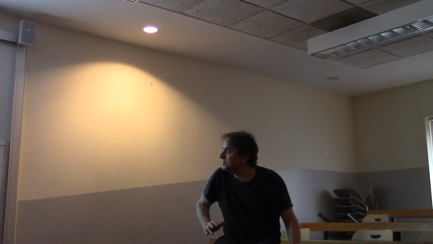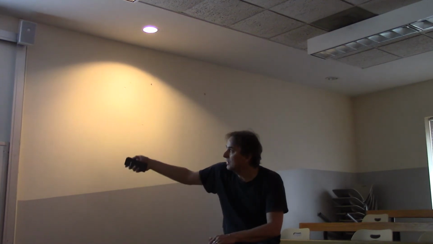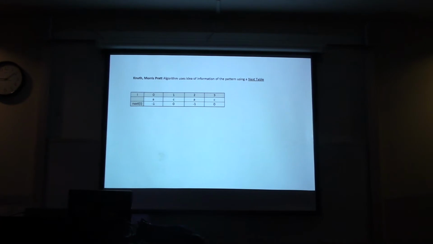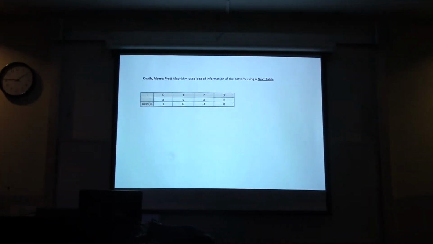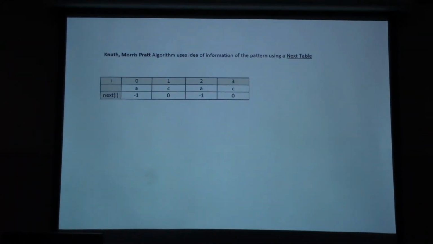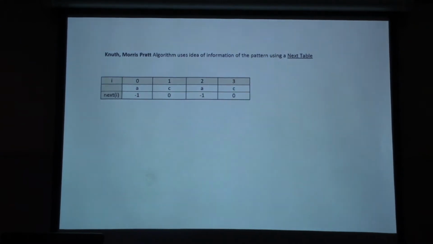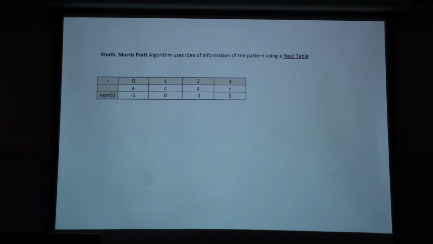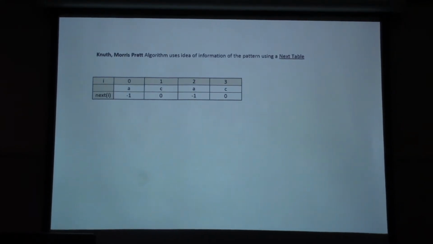So if we mismatch on the pattern at 3, the next pattern index is 0. If the next table value is non-negative, then the J index of the text doesn't move. So I moves from 3 to 0, and J stays at the location of the mismatch. That's what it means.